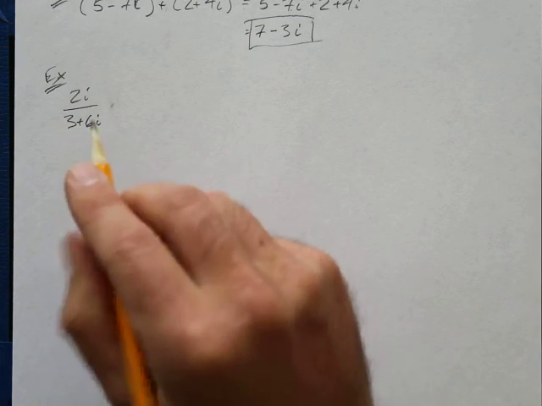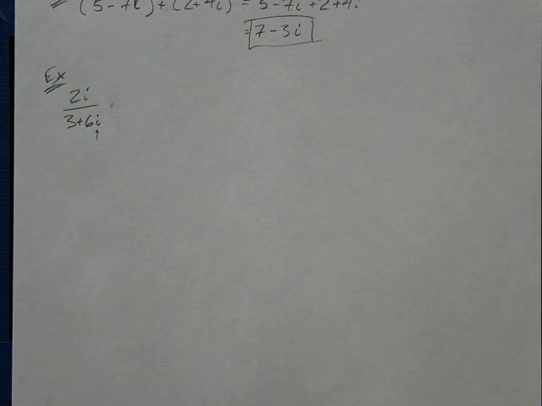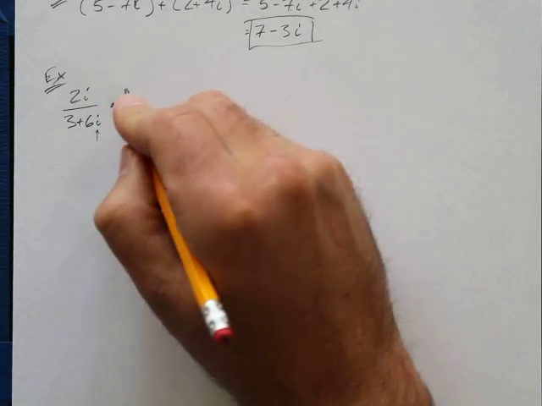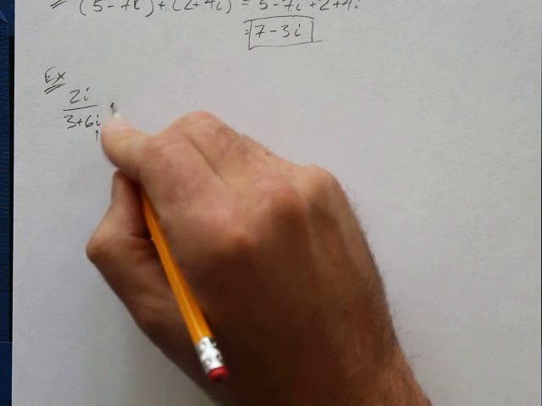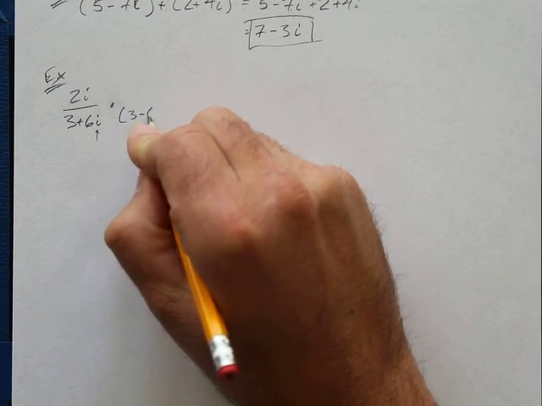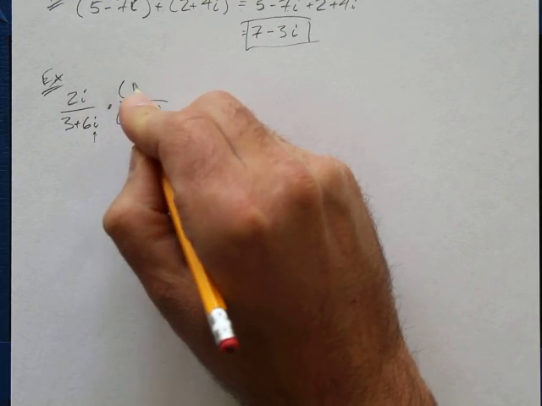We want to get the i out of the denominator. And so the way that we do that is we multiply by the complex conjugate, which is this with a subtraction sign inside of it instead of addition.